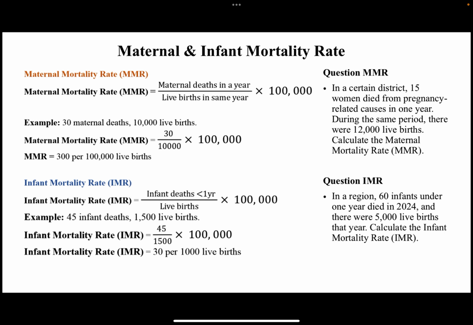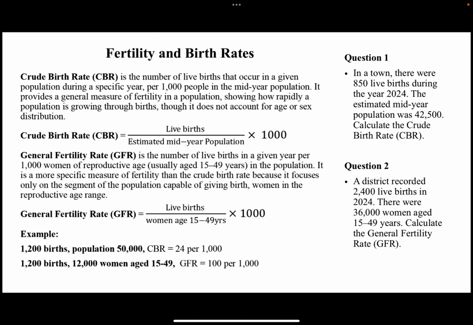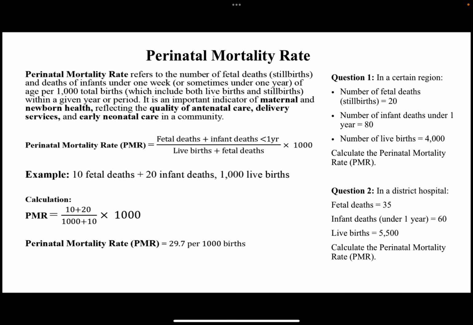Okay, then you'll be given the live births within that same period. Then you'll be asked to calculate for the infant mortality. So the number of infants that are dying divided by the live birth within that same year, then you multiply by 100,000.